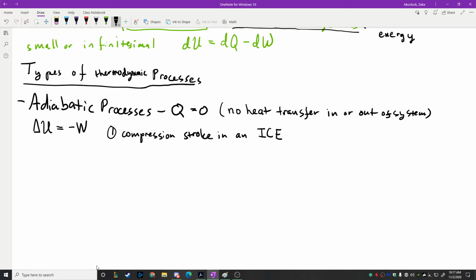I think that's also an adiabatic process. When you open it, why would that be adiabatic? How about you guys try to? Why would that maybe be considered adiabatic when you open? What happens when you open a soda bottle?